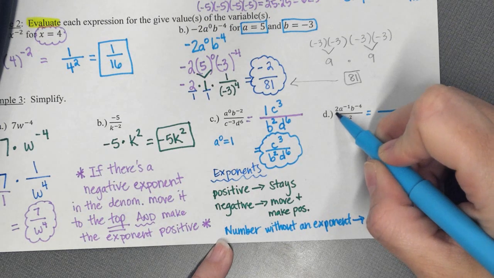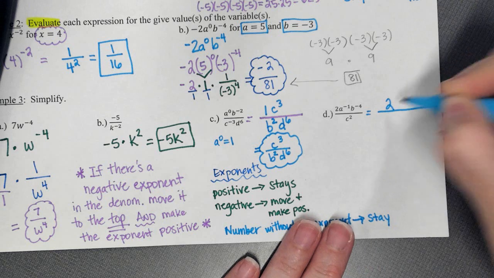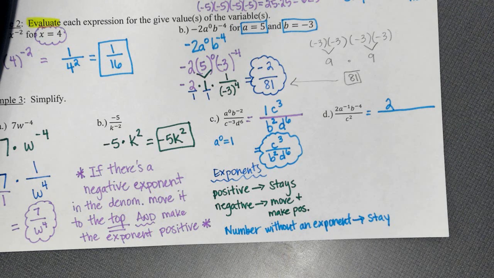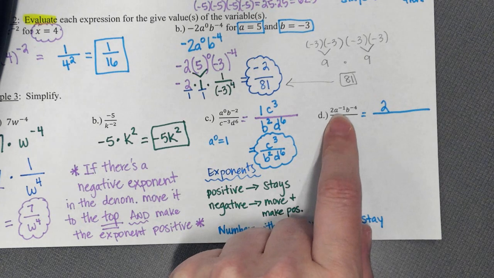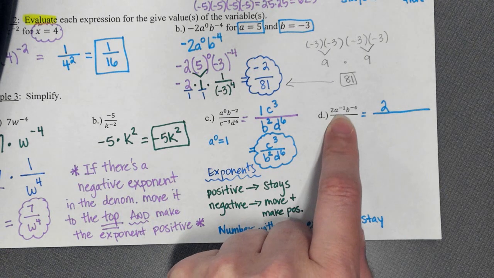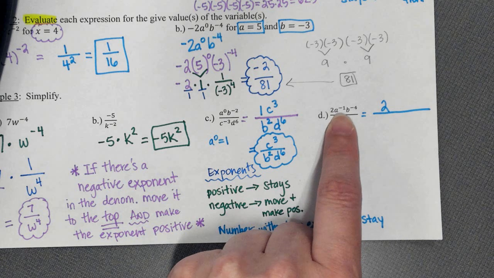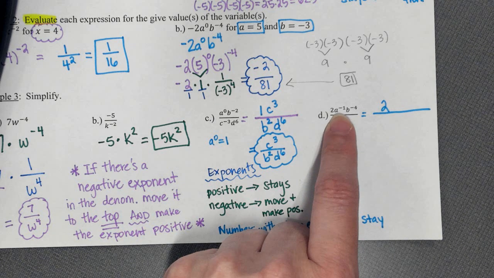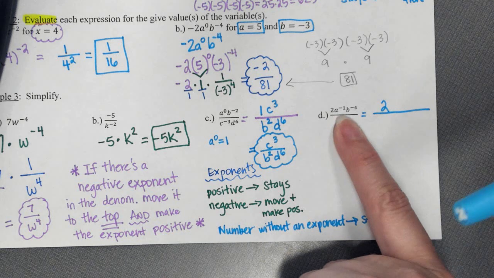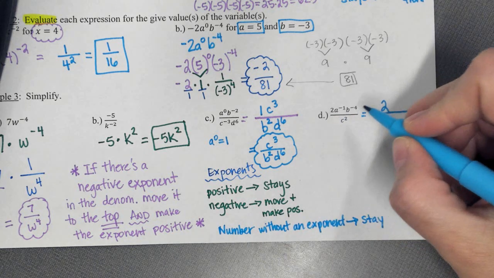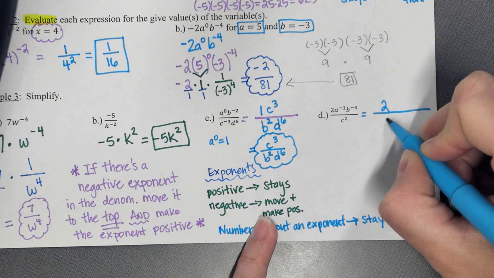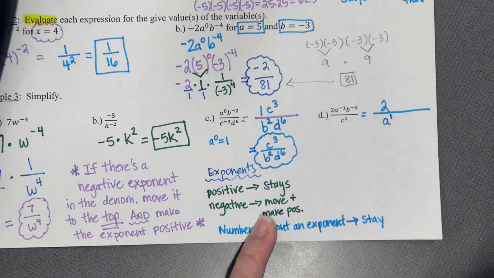So if you have a number, it doesn't have an exponent, it's going to stay where it is. So 2 is going to stay on top. Okay, and then the next one is A. So A is to a negative. If it's negative, does it stay or does it go? It's going to go. Okay, so you have to move it and make it positive. So this would be A to the first.